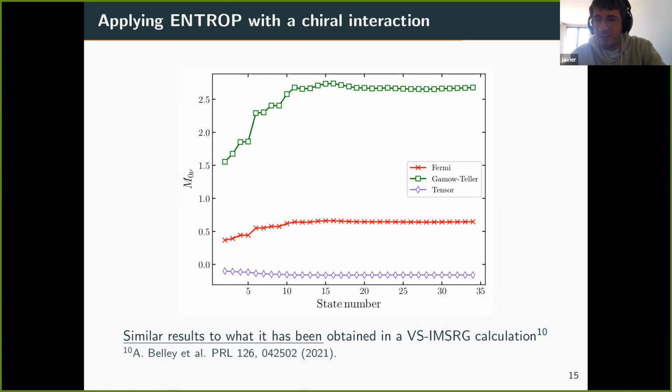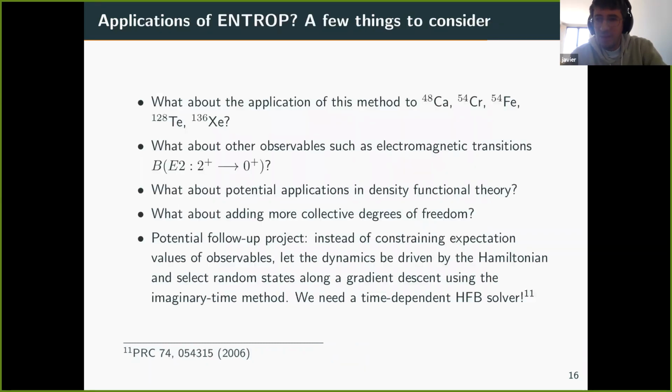Also, if I can ask something else. So you mentioned in the outlook the extension to the DFT, and that you already have results. The main advantage there is that you can take care of more collective degrees of freedom at the same time, right? Yes, that's what we're hoping for.